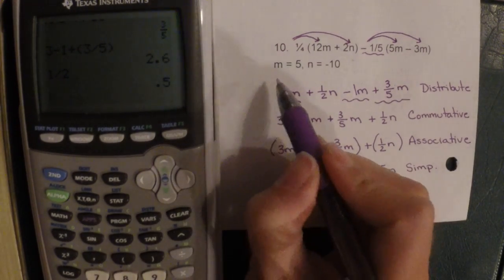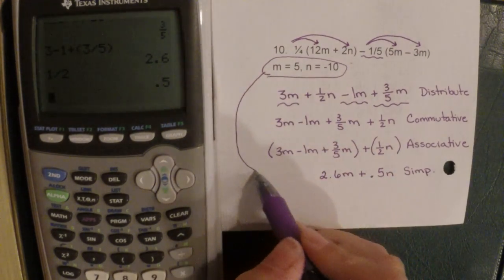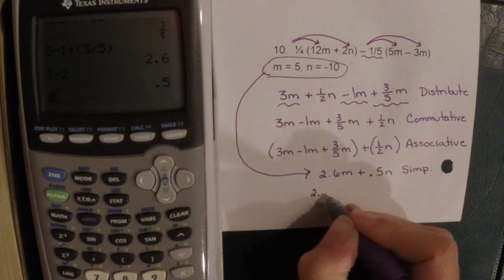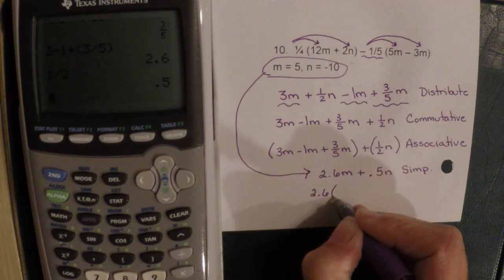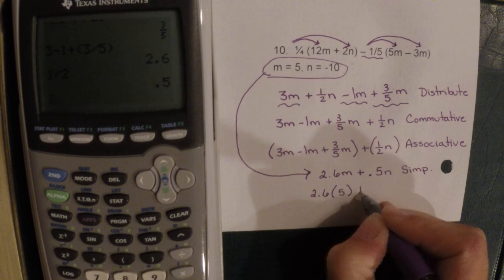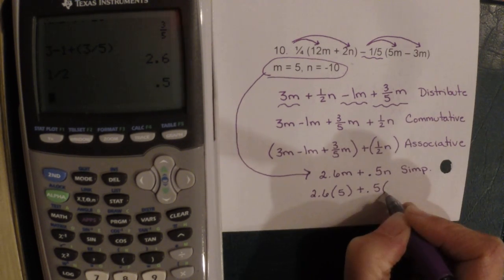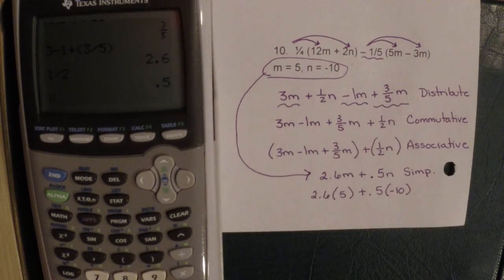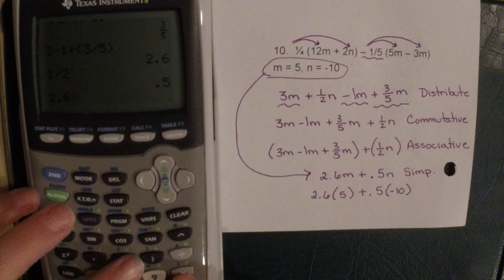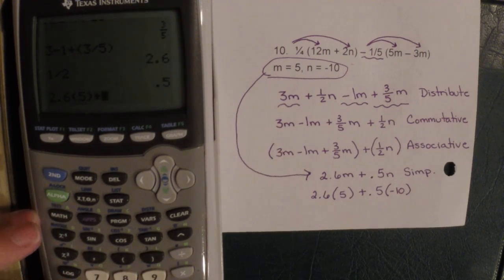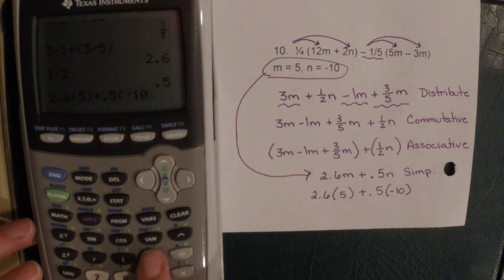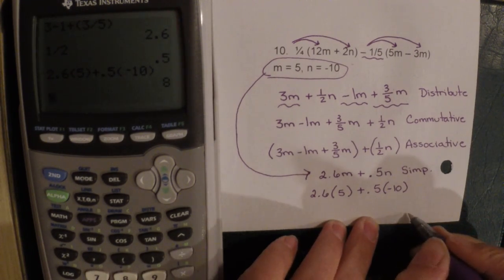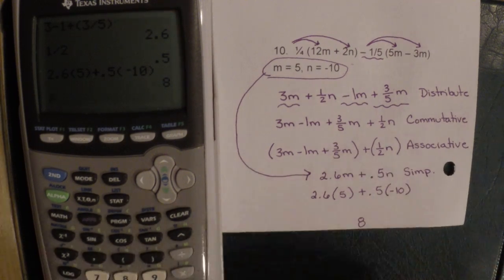So then the last part is to take these numbers and plug them into this equation. So 2.6 m would be 5 plus 0.5, and then n would be -10. So you could type this all in at once. 2.6 parentheses 5 plus 0.5 parentheses -10, and it ends up telling you that the simplified answer here is 8.